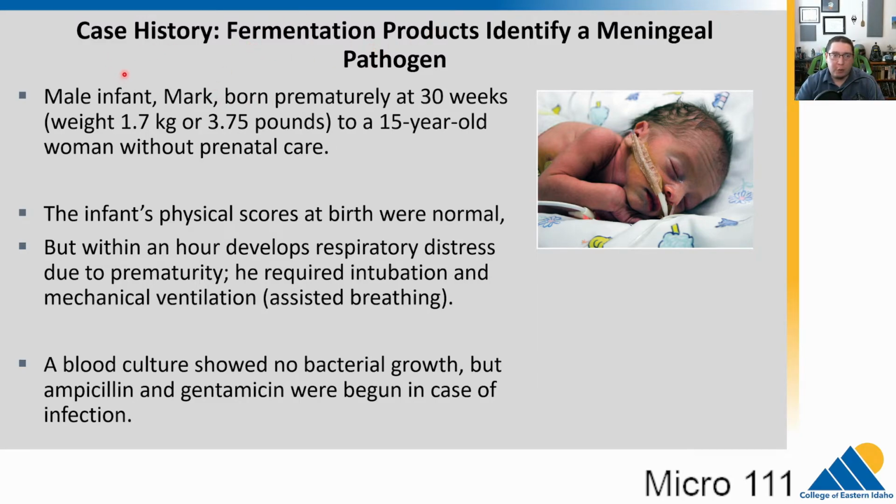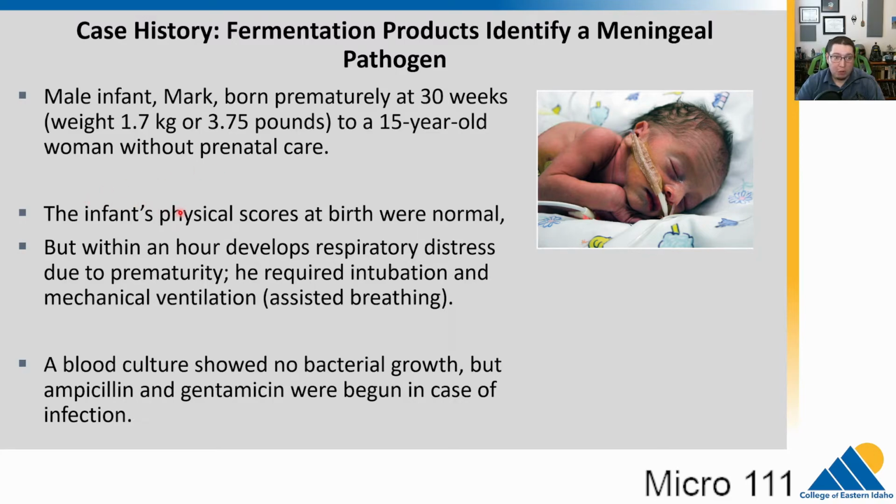So in this case study, we have Mark. He's born prematurely at 30 weeks, weighs 1.7 kilos or 3.75 pounds. So that's quite small. And his mother was a 15-year-old woman who didn't have prenatal care. So we have some issues going in here. It's not the ideal situation.